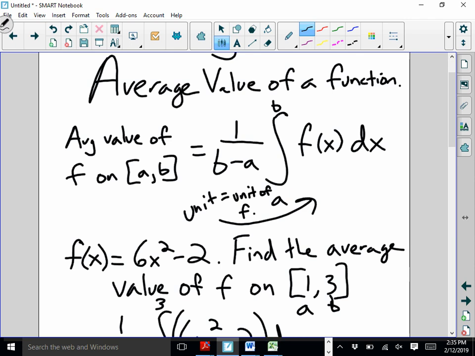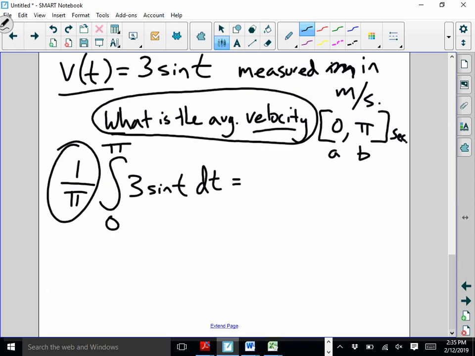Let's go ahead and solve this problem, and I want to talk about using one of my integral rules. One of the rules that I talked about in the video on Wednesday is if I have a constant times a function, I can pull that out front. So this is the same as 1 over pi times 3 integral 0 to pi of sine of t dt.